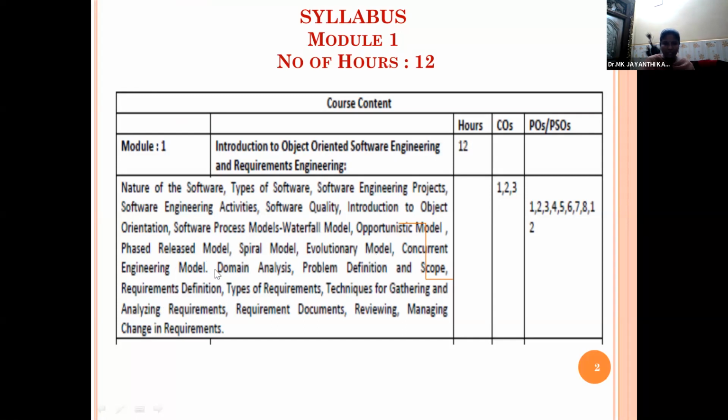Next we are entering into the second part, domain analysis. In that we are going to discuss problem definition and scope, requirements definition, types of requirements, techniques for gathering and analysis requirements documents, reviewing and managing change requirements.